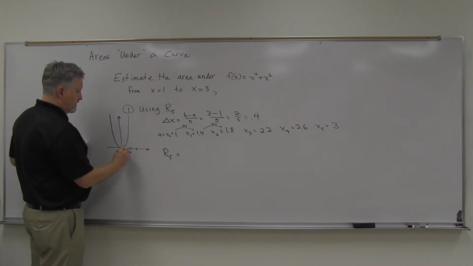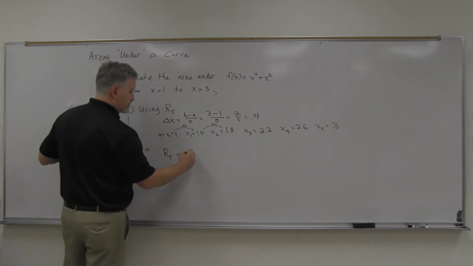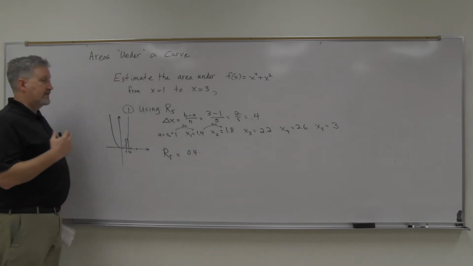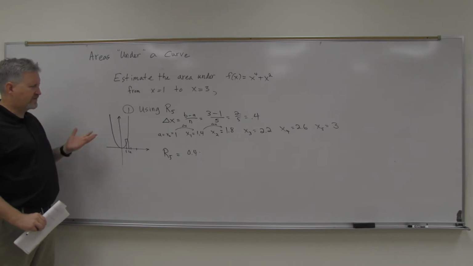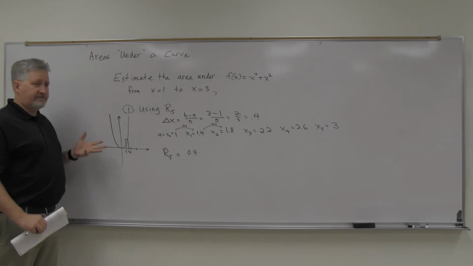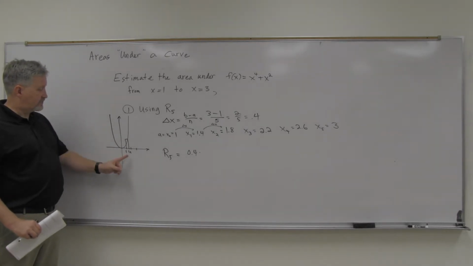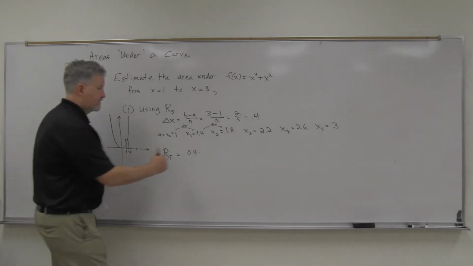The first one is 0.4 in width, and if I'm using right-hand endpoints, the height is the function value at 1.4.